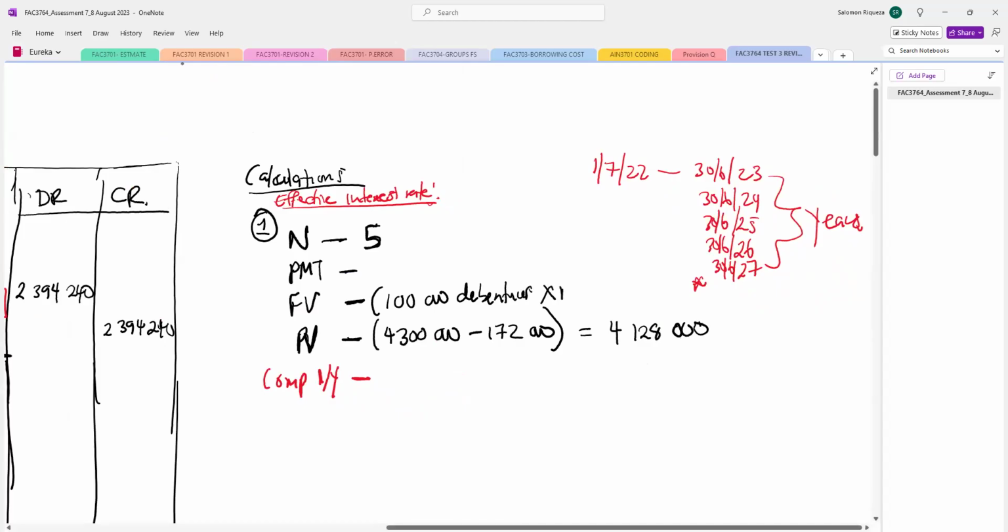If I multiply this by the Egyptian pound, which is 60 Egyptian pound each, 100,000 times 60, that will give me 6 million.